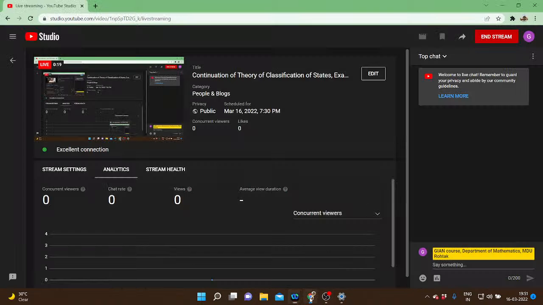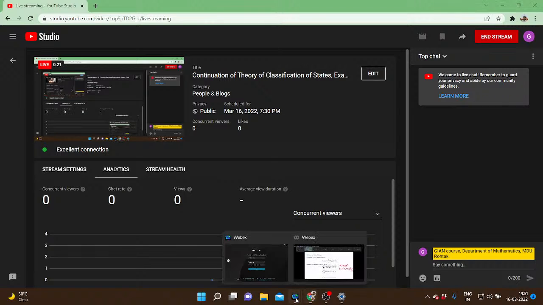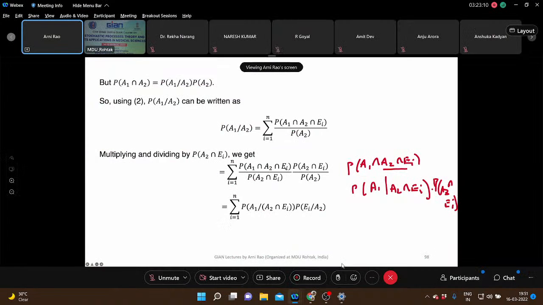So we stopped here: the probability of A1 intersection A2 intersection EI. We multiply and divide by the probability of A2 intersection EI.